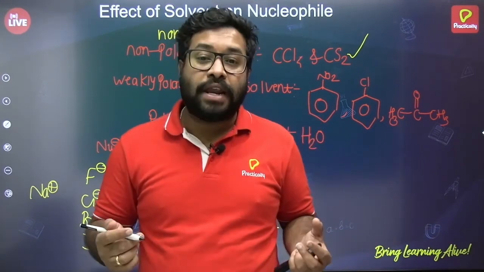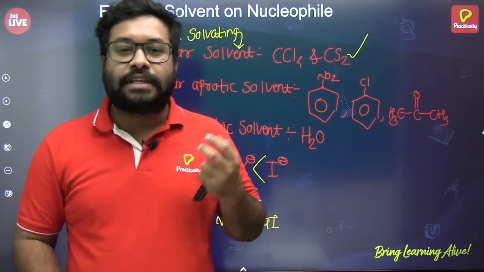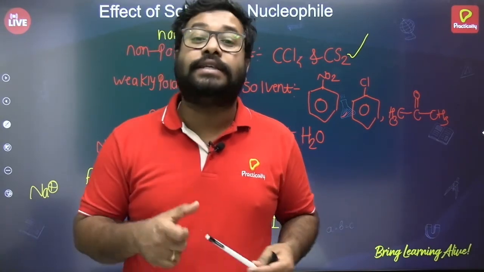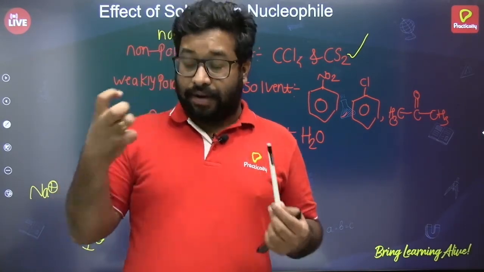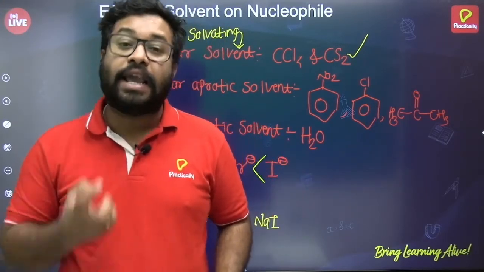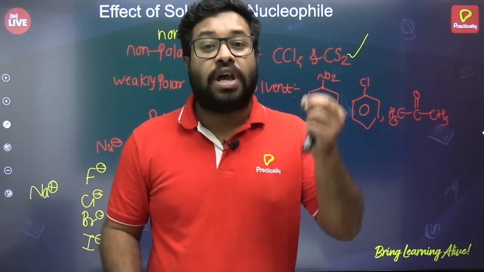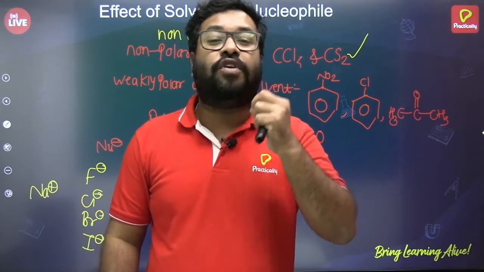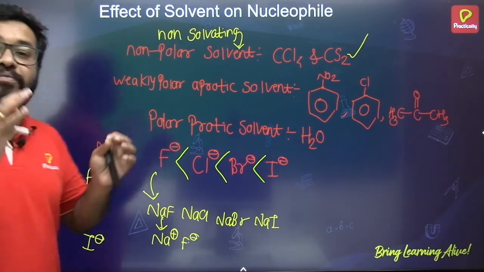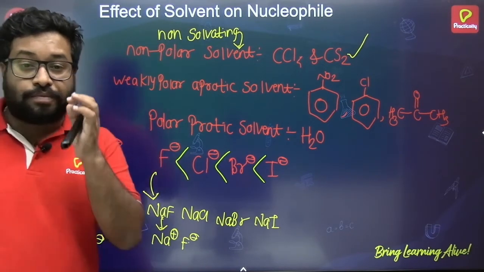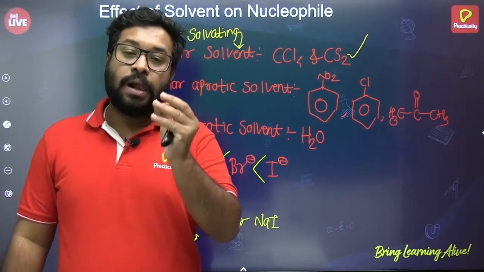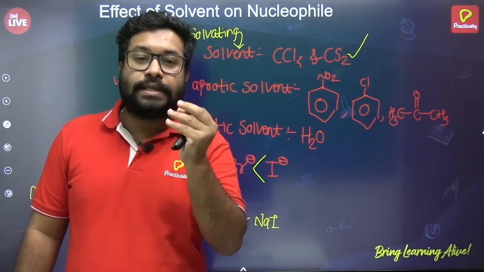What does that mean? That means the anion which is largest in size, Na plus cannot decrease its intensity that much, as it would do for the smaller anion. That means Na plus would most effectively decrease the effect or intensity of F minus.